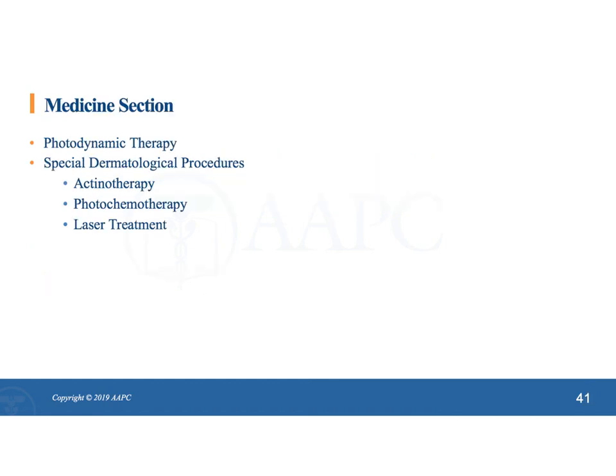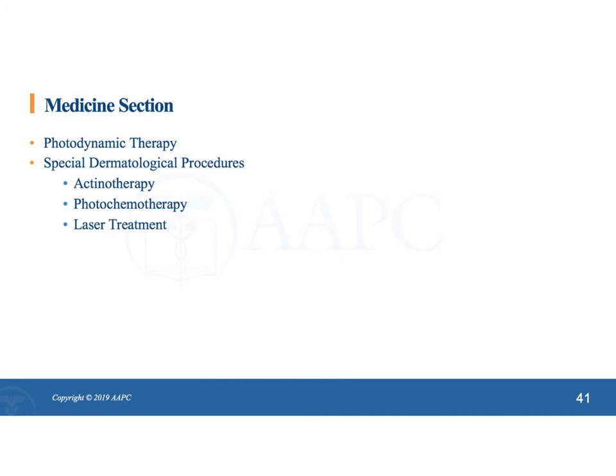Now we jump over to the medicine section for the codes that are applicable to the integumentary section. The medicine section in our CPT code book is the last section in the book prior to the index. When we say medicine section, we're not talking about medications. We're talking about therapies, diagnostic testing.